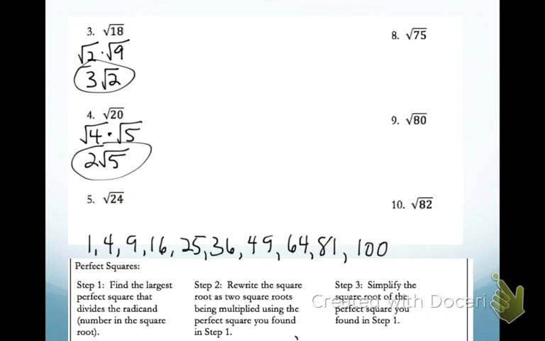Now number 5, we've got the square root of 24. 24 is not a perfect square, so I think of factors. 2 and 12, neither of those are perfect squares. 4 and 6. 4 is, so I'm going to rewrite that as the square root of 4 times the square root of 6. Then I can take the square root of 4. And so simplified, I have 2 times the square root of 6.